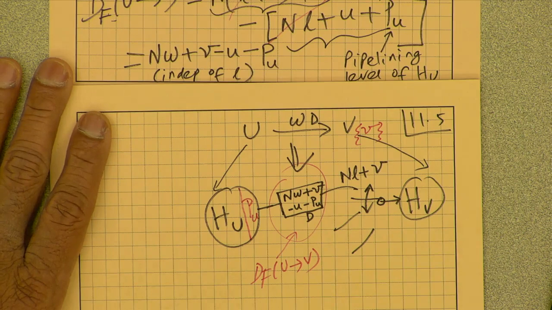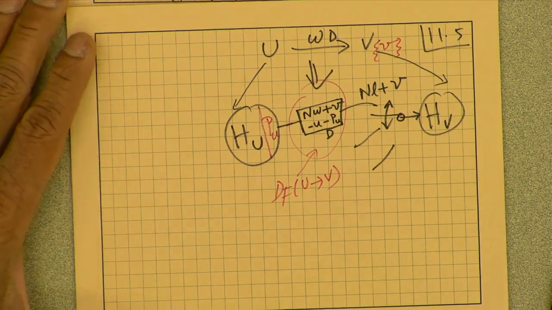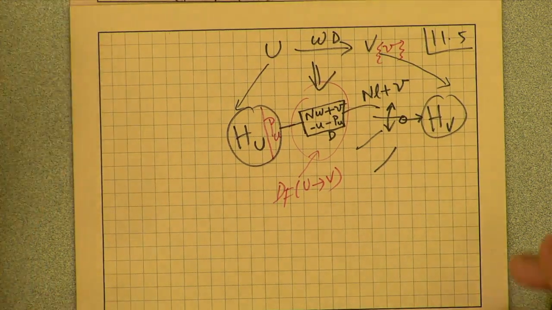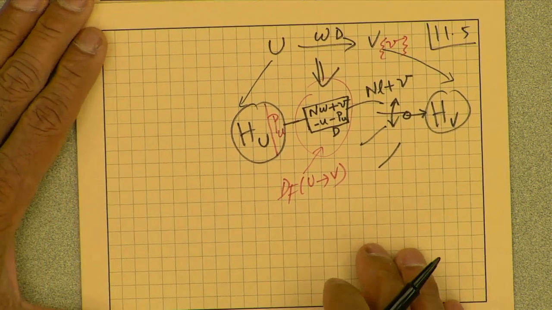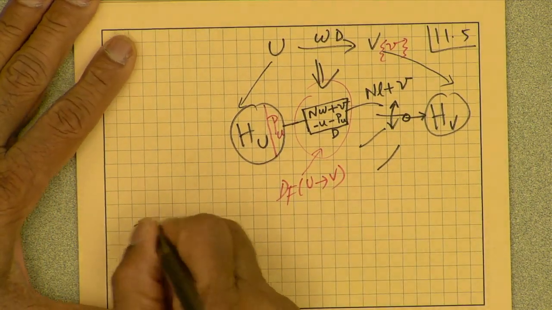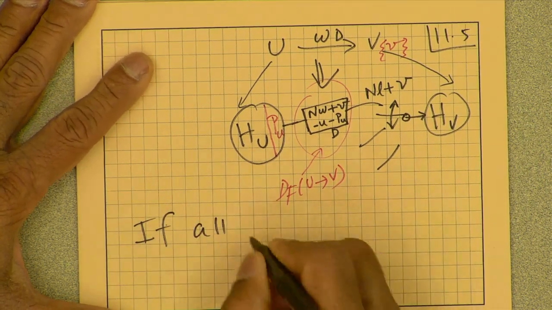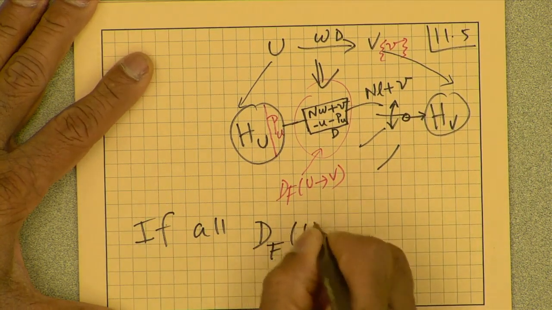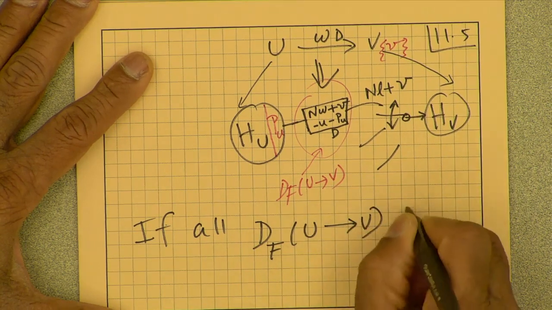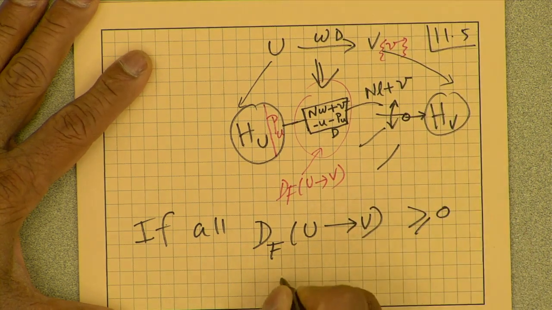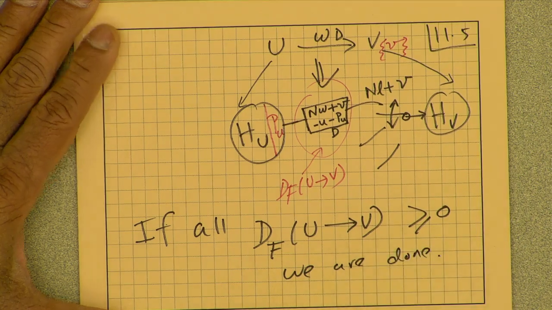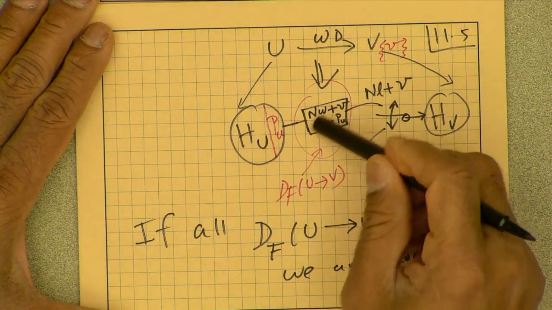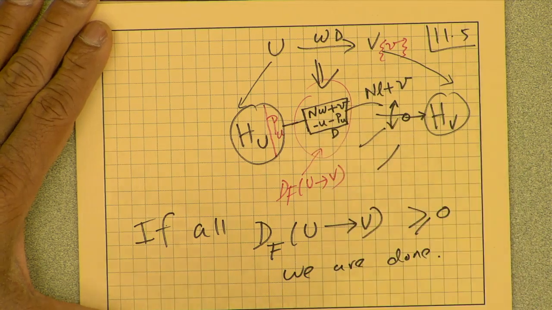So in some sense we have completed a lot about folding. Folding would be complete if all DF U to V are greater than or equal to 0, we are done. The number of folded delays cannot be a negative number.